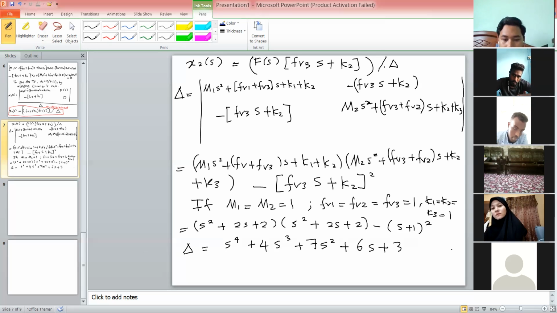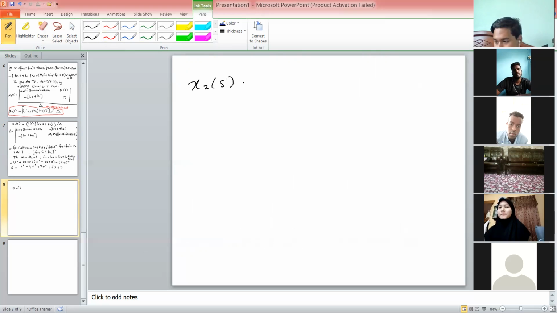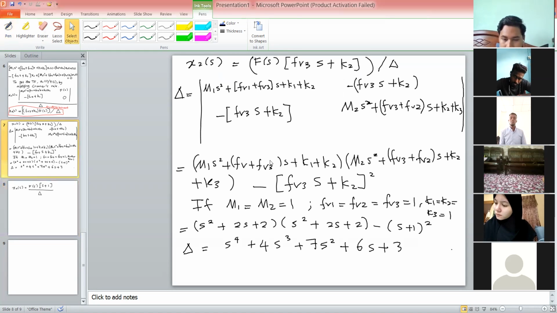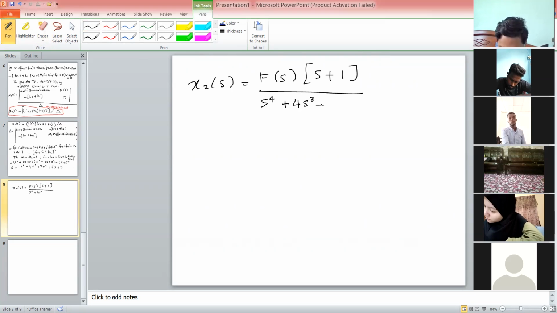So S2S equals Fs times S plus 1 over determinant, and the determinant will be replaced by S to the power of 4 plus 4S to the power of 3 plus 7S square plus 6S plus 3.